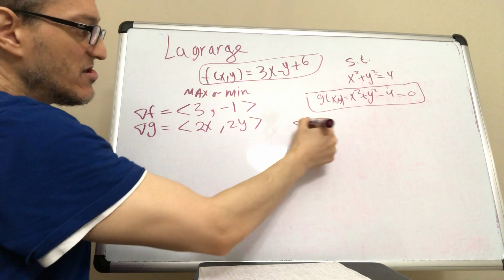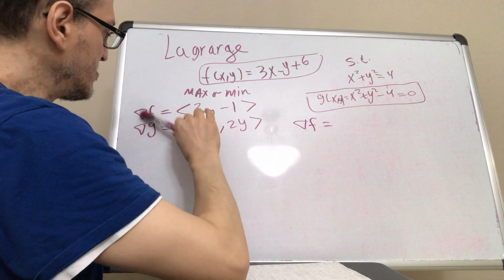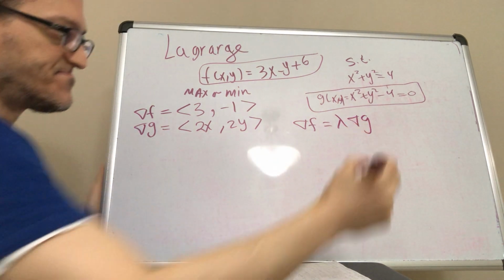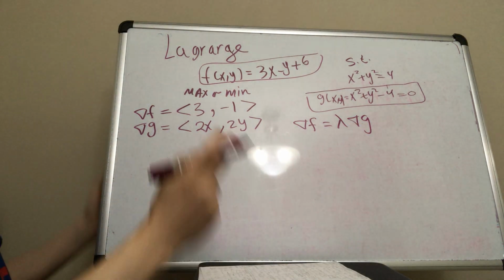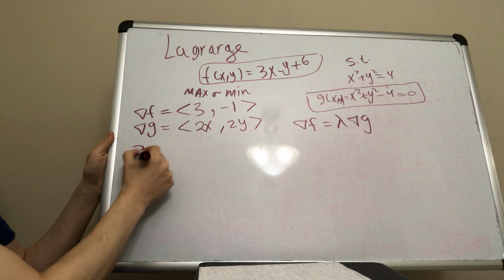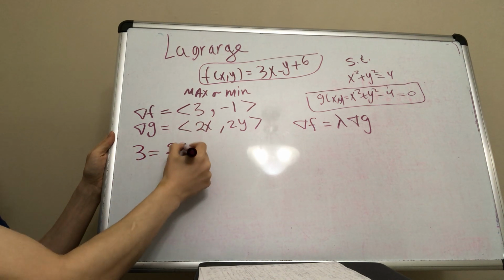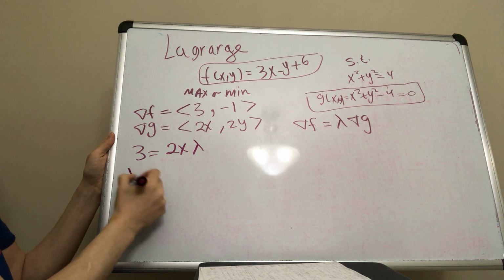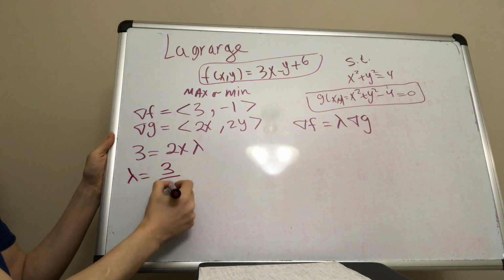Then you apply the Lagrange, which is take the derivative, lambda, derivative. So I look at the x's, so you go 3 equals 2x lambda, or lambda equals 3 over 2x.